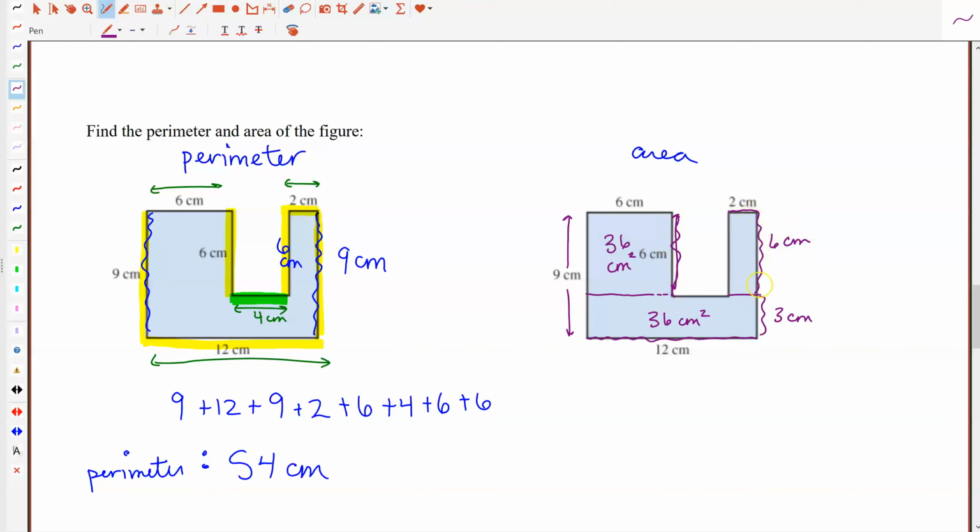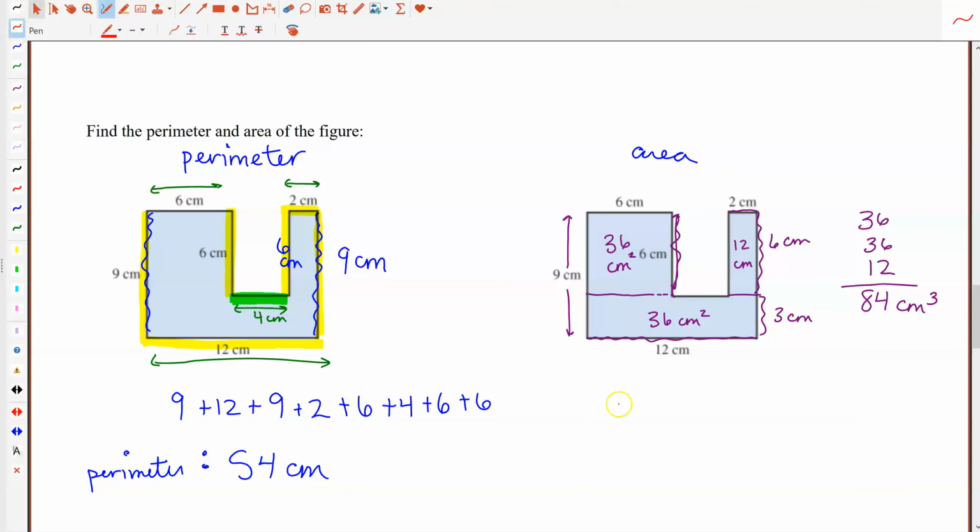So this is going to be 2 times 6, or 12 square centimeters. To find the area of this thing, we can add up all these little tiny measurements. So 36 plus another 36 plus 12 is 84 square centimeters. So that's that approach of breaking this into sub-pieces.